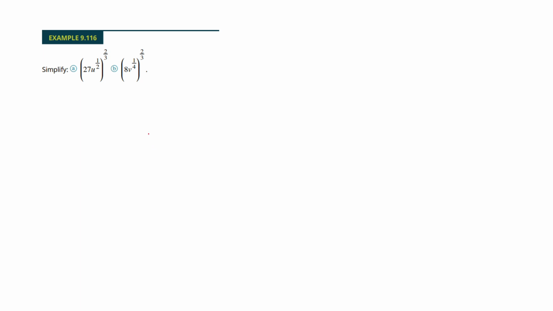But what's going to happen here is the 2/3 essentially gets distributed into each of them. So let me show you. So it's going to be 27. He's getting a 2/3 power. And the u to the 1/2, he's also getting the 2/3 power. So we just have a little bit of extra work in front of us.